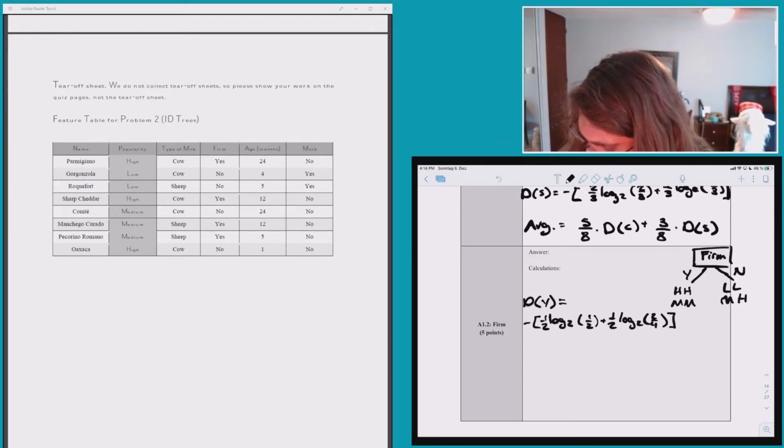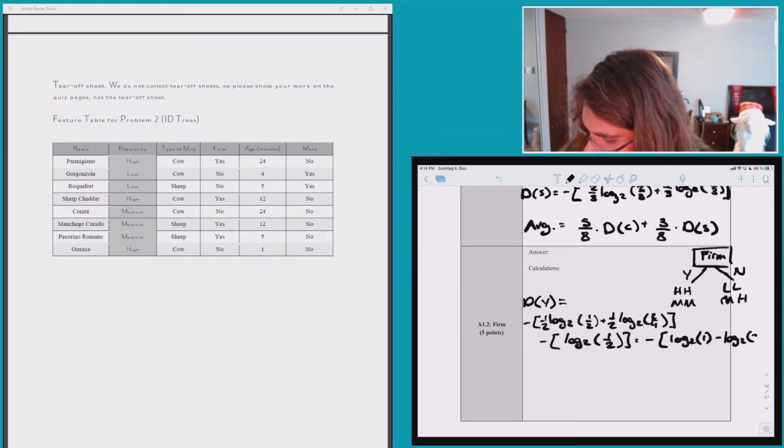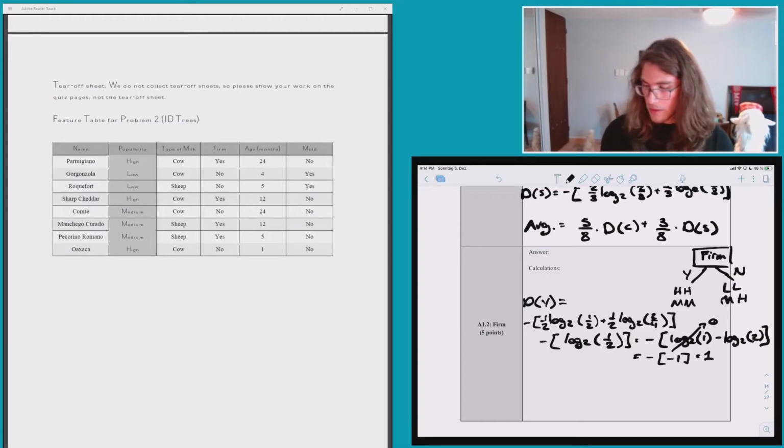And so those are 2 equal terms, so I can just sum them. This is negative log base 2 of 1/2, and that I can also break down into negative log base 2 of 1 minus log base 2 of 2, and log base 2 of 1 is 0, log base 2 of 2 is 1, so this is equal to negative of negative 1, so it's just 1, as I suspected earlier.